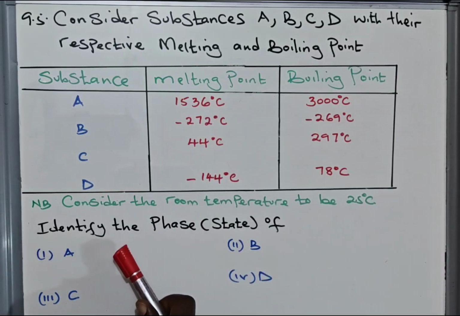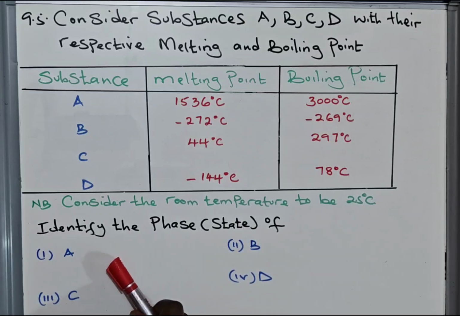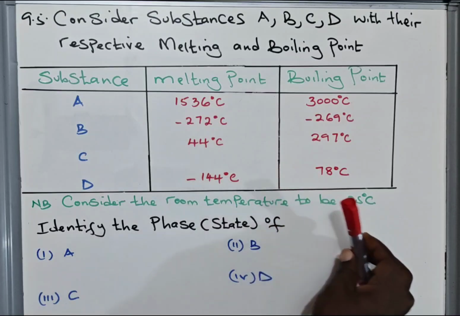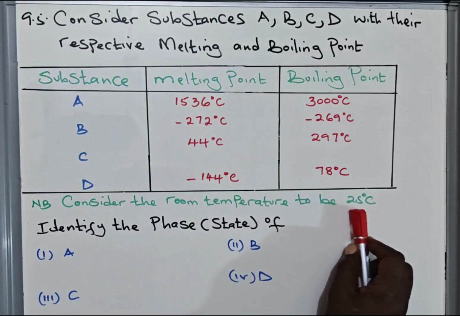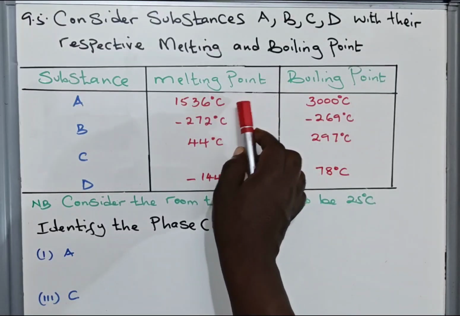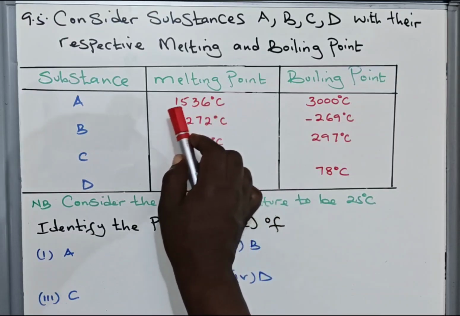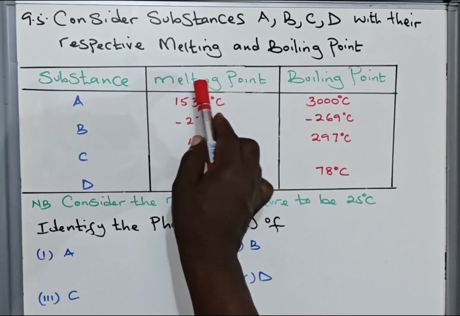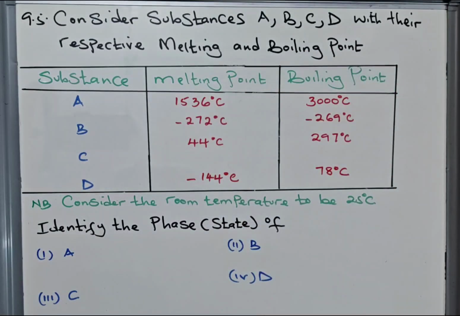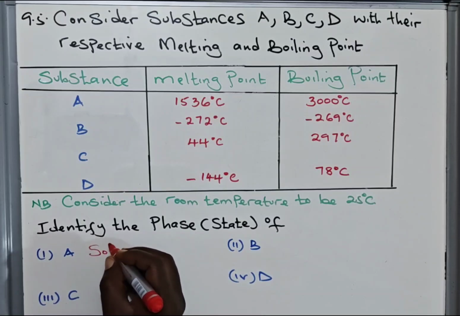Identify the phase or state of A. First of all, you have to know that our room temperature is 25 degrees. And by 25, this substance is already solid. How do you know that it's already solid? Because its melting point is above 25. So in other words, the phase of A is solid.